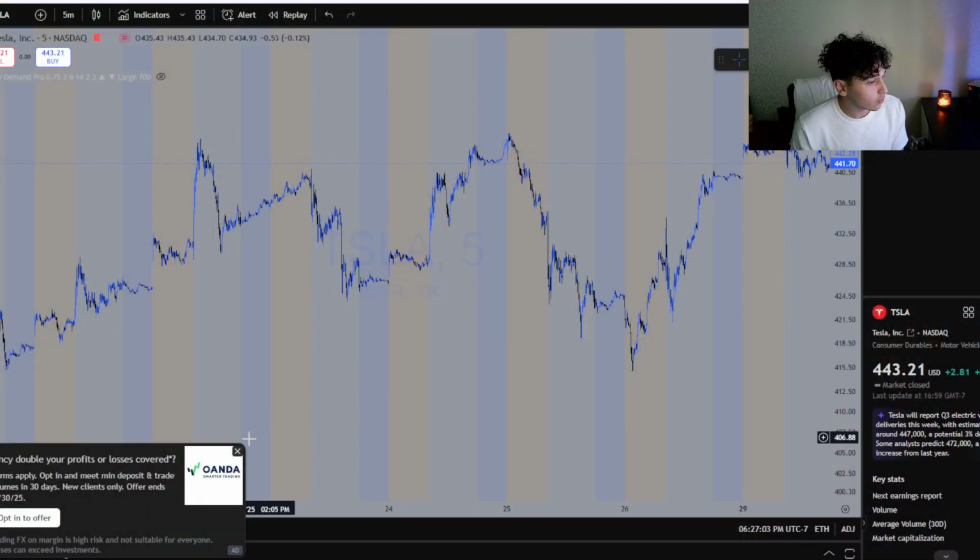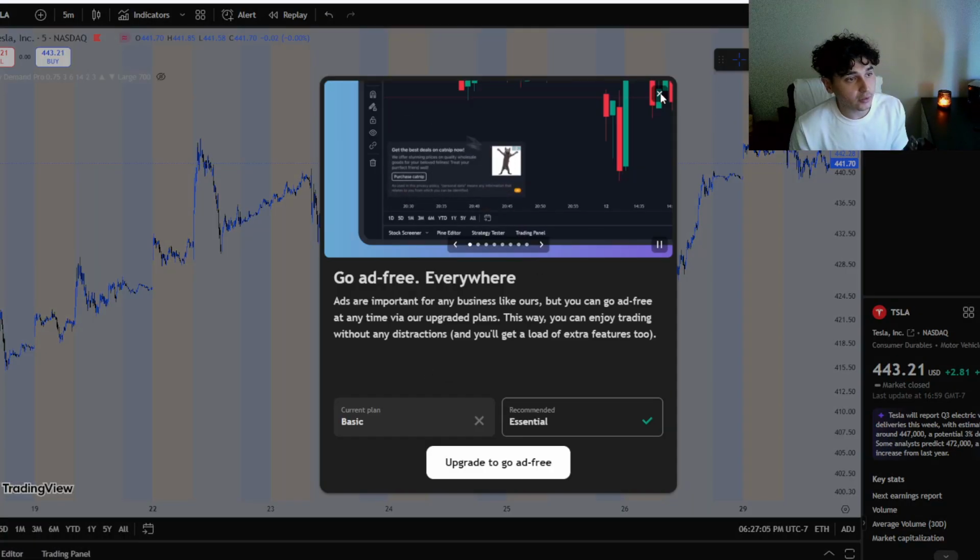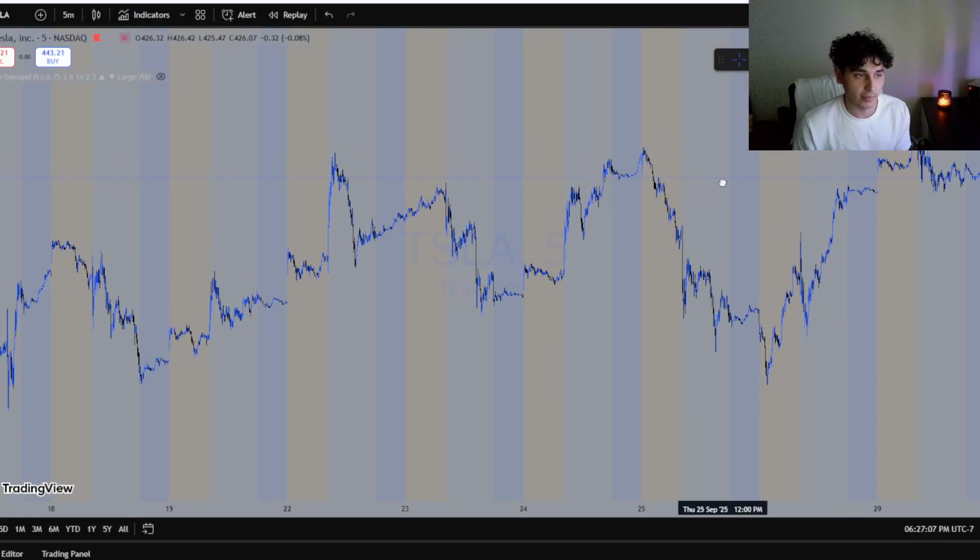Now, for a quick little explanation about what supply and demand zones are. Essentially, supply and demand is the strategy that I trade with, or the way that I approach the markets. Essentially meaning that the zones that I draw out are simply just areas on the charts where we previously saw a ton of buying pressure come in or a ton of selling pressure come in.